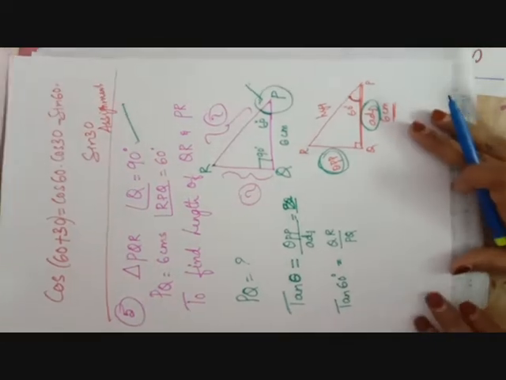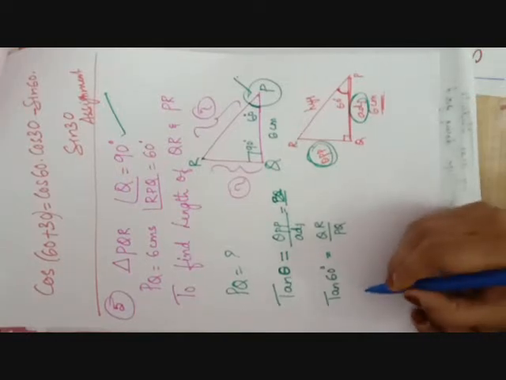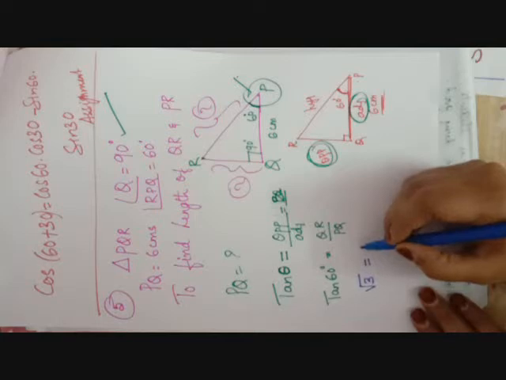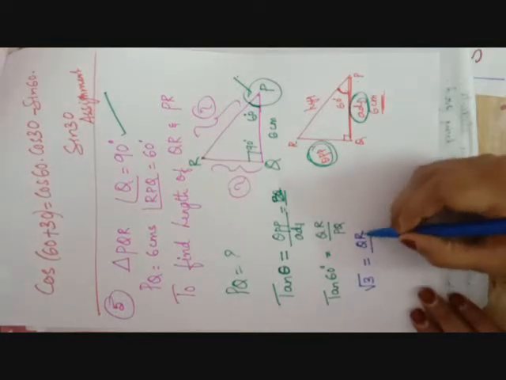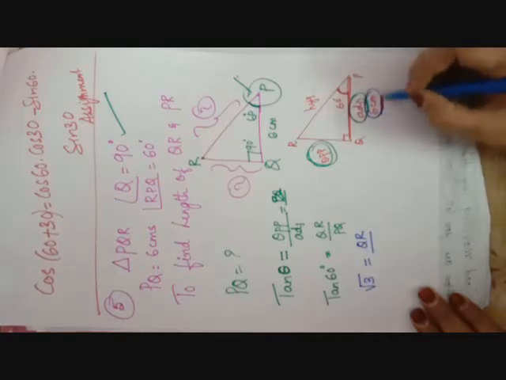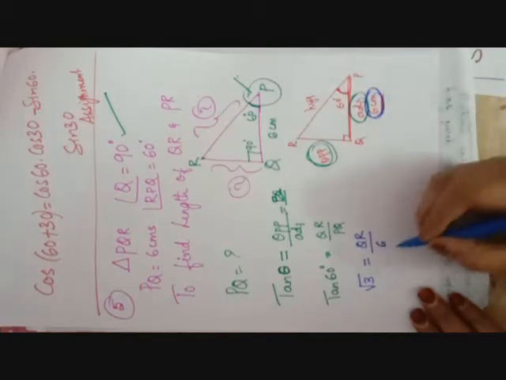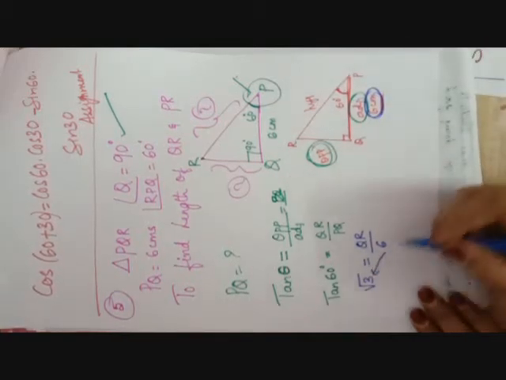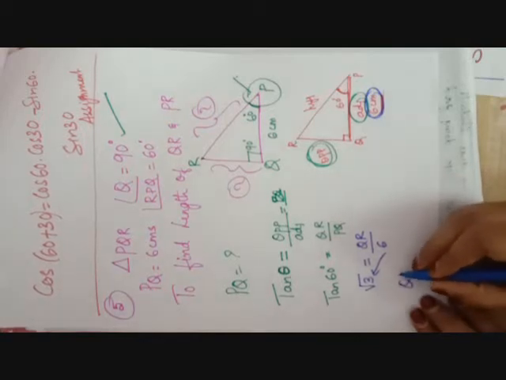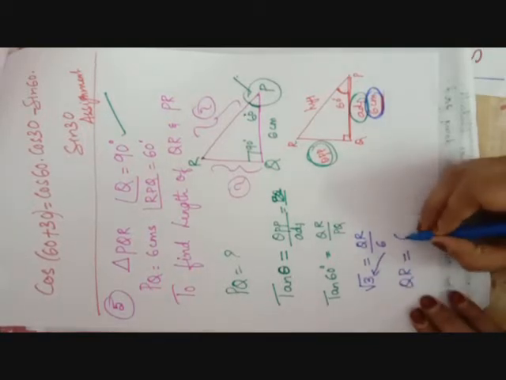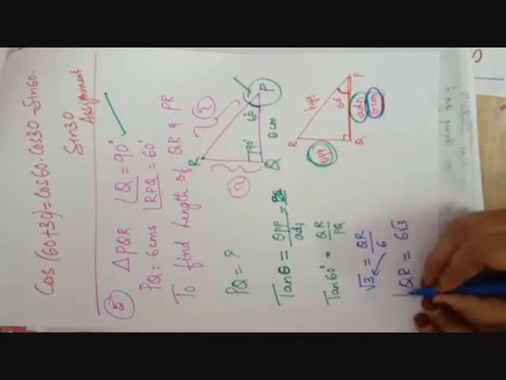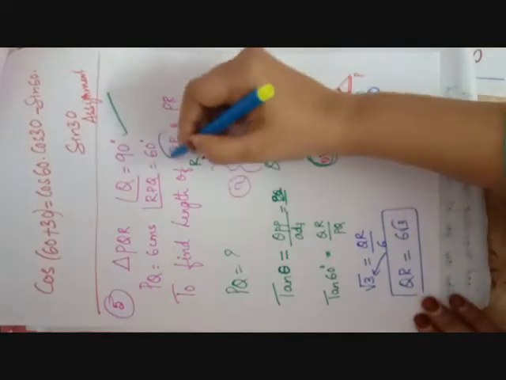Tan 60 value is root 3, equal to QR by PQ. PQ value is given as 6 centimeter. Cross multiply. So QR is equal to 6 root 3. This we had to find.